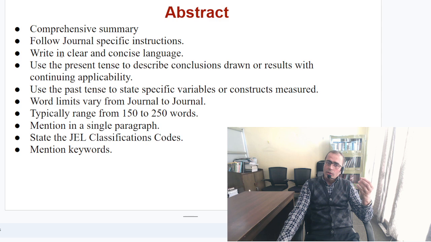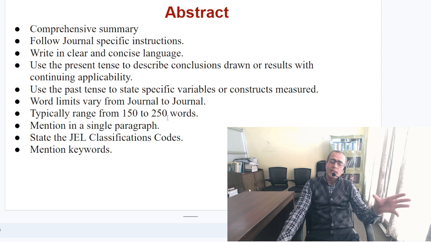So you have to write clearly and concisely. Next, use the present tense while describing the conclusion drawn. And use the past tense to state specific variables, constructs, measures. And remember, word limits might vary from journal to journal, so you have to follow their instructions carefully.